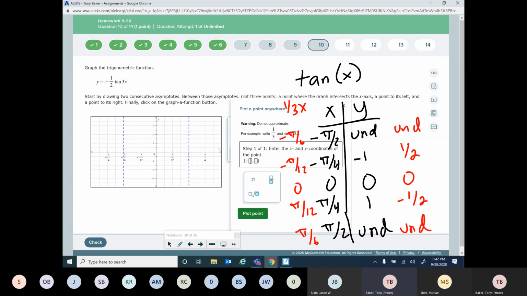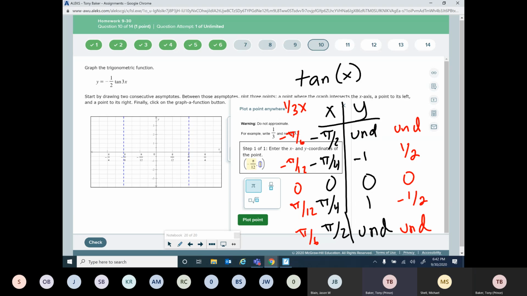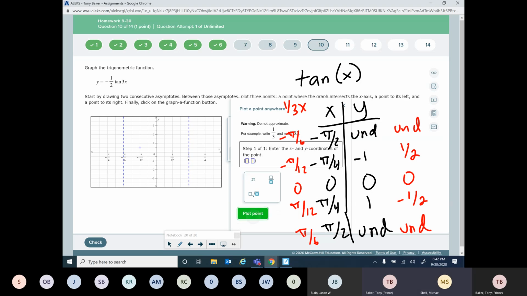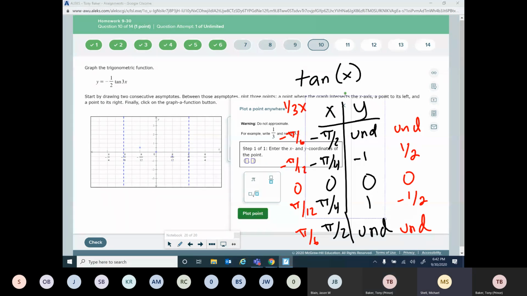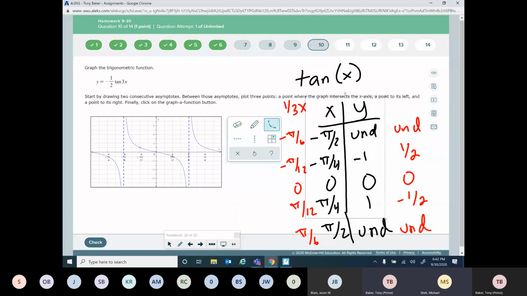So negative pi over 12, half, 0, 0, and pi over 12 and negative 1/2. And now we graph it, and you're going to get your nice tangent curves there.